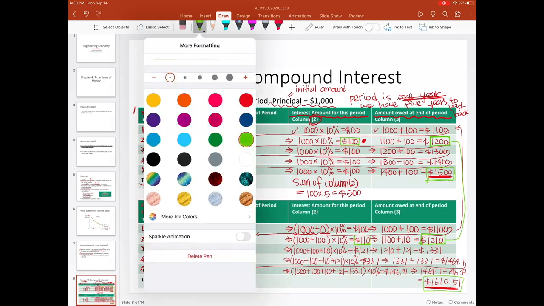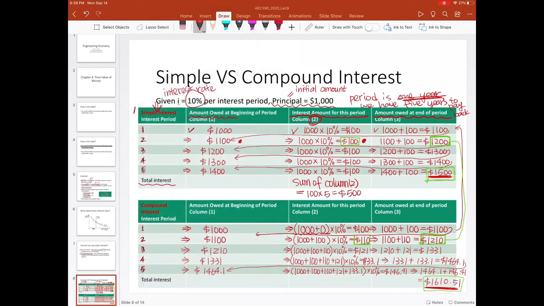Okay, now let's calculate what is the total interest for the compound interest. So the sum of all of this interest will be 100 plus 110 plus 121 plus 133.1 plus 146.41. How much?